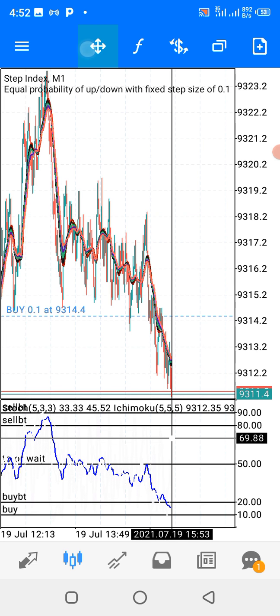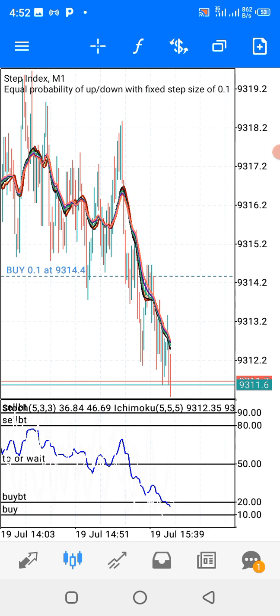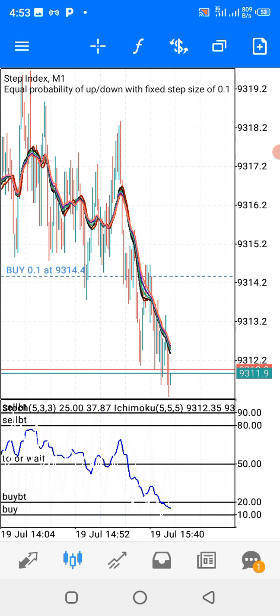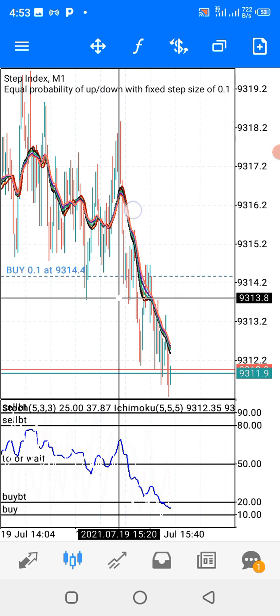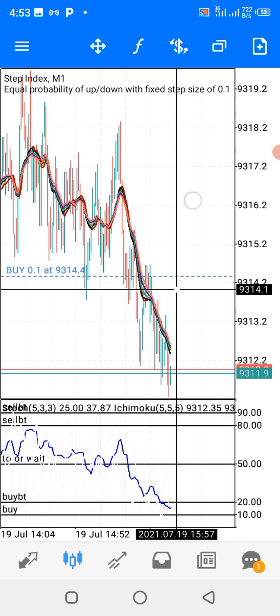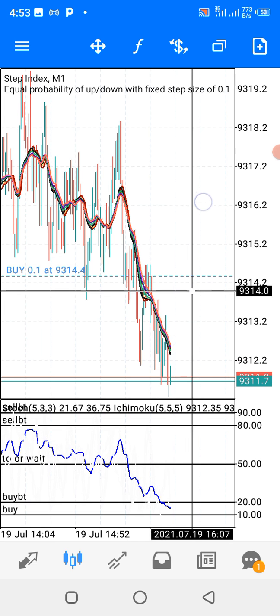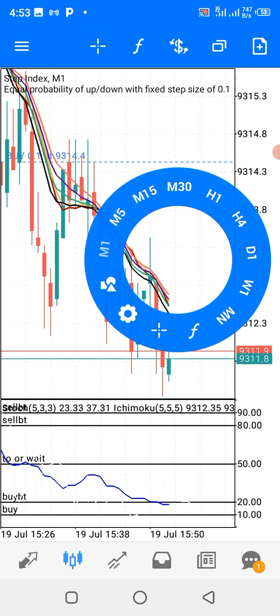You can only buy when the candle opens and closes above this moving average, then it is the right time to buy. But if that has not happened, you should not buy.